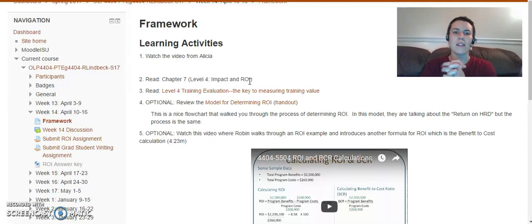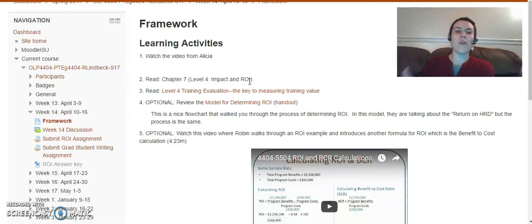Impact is talking about how much your performance measure or your performance goal has changed based on your training. For example, if you were in an organization that was having bad customer service and they did a training to learn better customer service skills, and then you applied those skills back on the job, you would have used a level 3 evaluation to see if they're actually transferring and doing what they learned.